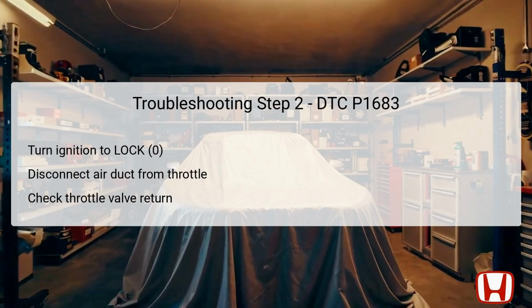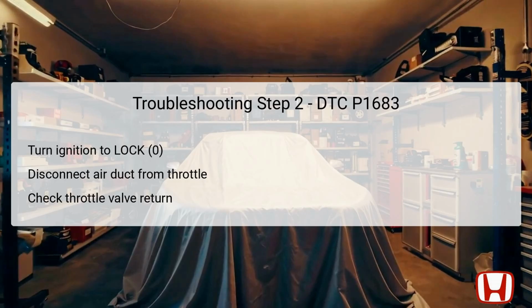In the second troubleshooting step, start by turning the ignition switch to lock 0 to ensure the system is powered down. Next, disconnect the intake air duct from the throttle body, allowing unobstructed access to the throttle valve. The technician then manually checks the movement of the throttle valve by pushing it closed and then releasing it.